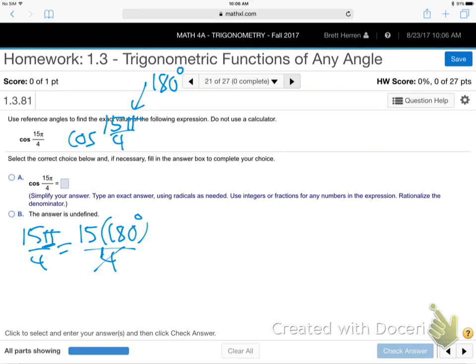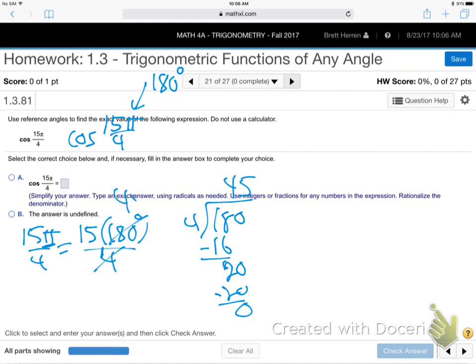So 4 goes into 180 how many times? Or you could just take 180, cut it in half, 90, cut it in half again, 45. Either way, this is 45 degrees, and then I have to go 15 times 45.